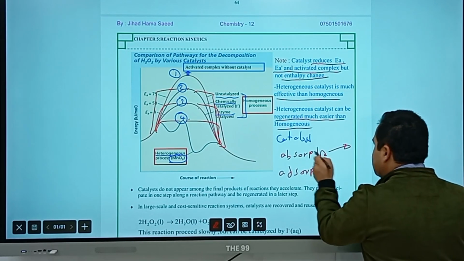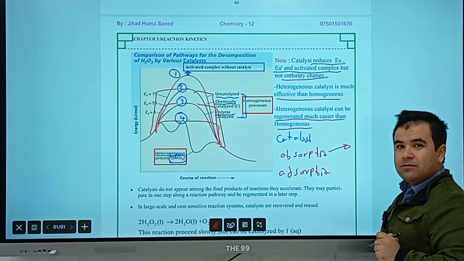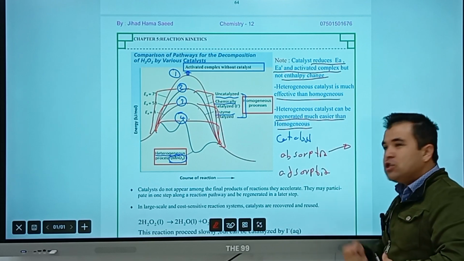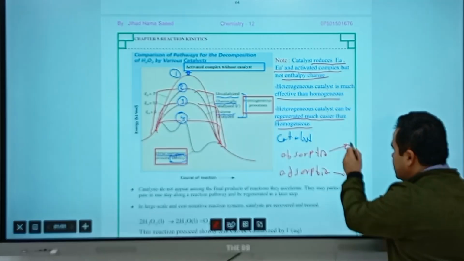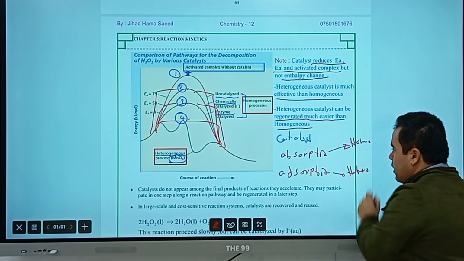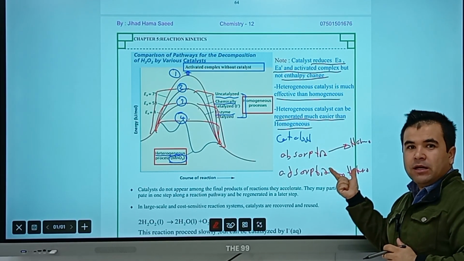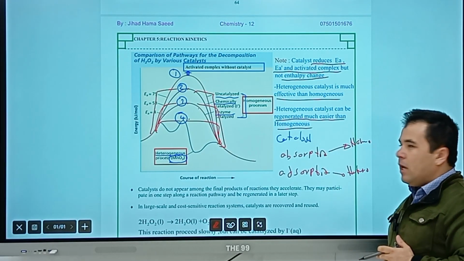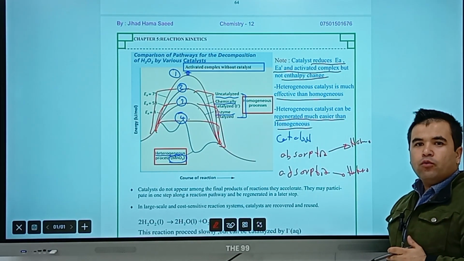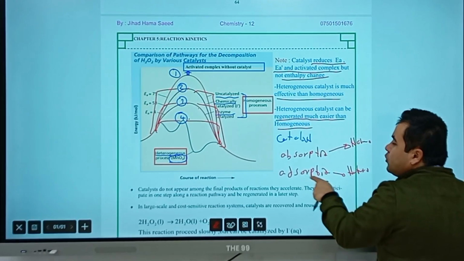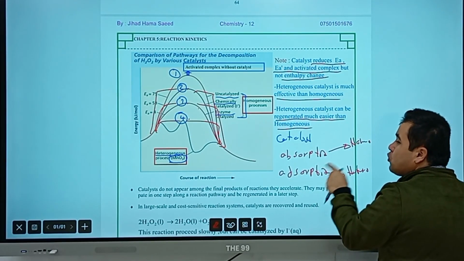And absorption is for the homogeneous, guys, which chemically reacts with the reactant. But adsorption is for the hetero. So the homo chemically reacts with the reactant, which is absorption, but the hetero just reacts on the surface.